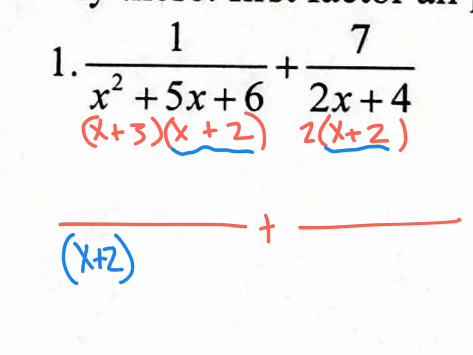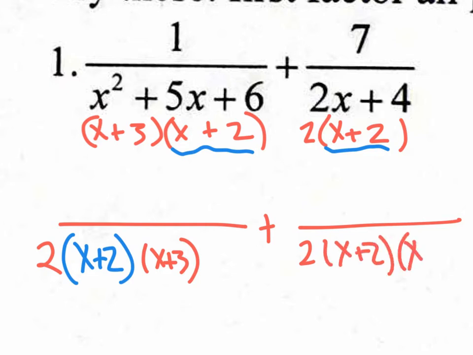And what do I do with the rest? I bring them down. So I'm going to bring down the leftover x plus 3 and also the leftover 2, and I might as well put the 2 out in front. Ladies and gentlemen, believe it or not, that is your least common denominator right there. 2 times x plus 2 times x plus 3. So let me write that twice. 2 times x plus 2 times x plus 3.